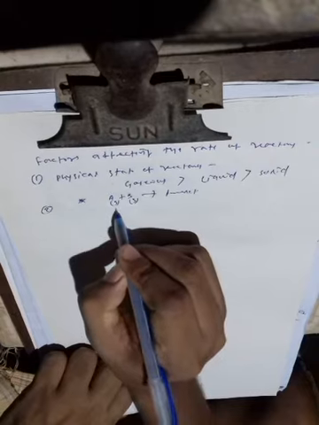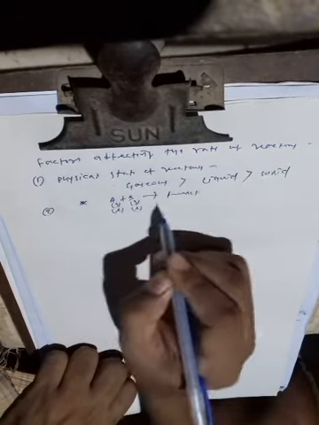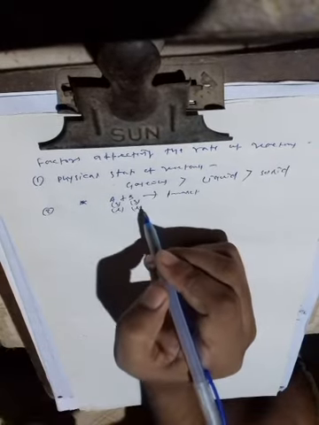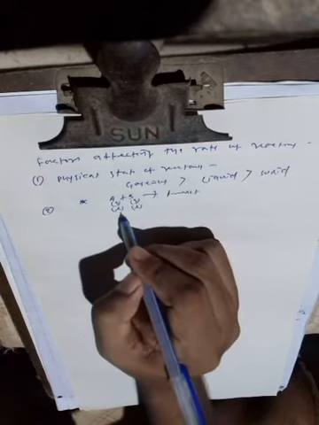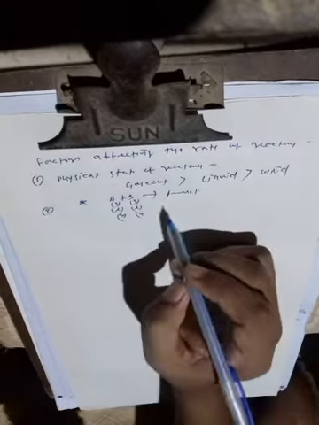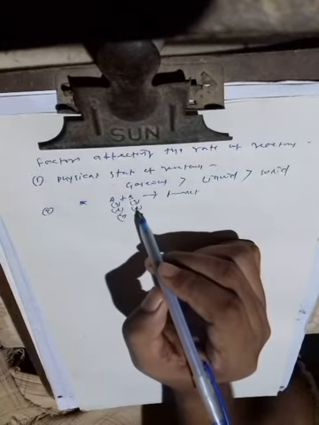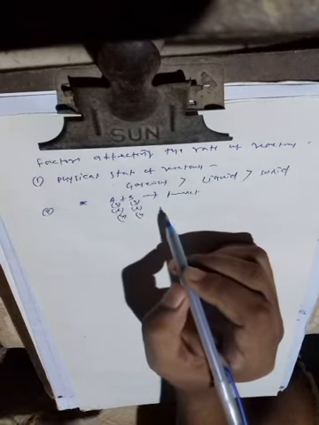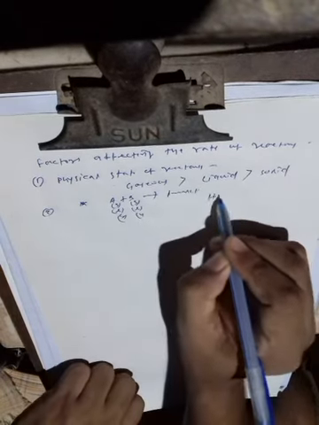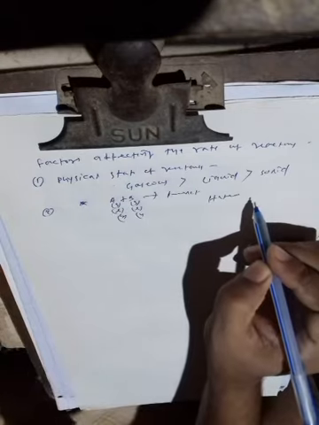If A is in liquid state and B is also in liquid state, then we can also say the reactants are in homogeneous phase. So when the reactants are in homogeneous phase, the rate of the reaction is faster as compared to heterogeneous. Heterogeneous means when all the reactants are not in the same state.